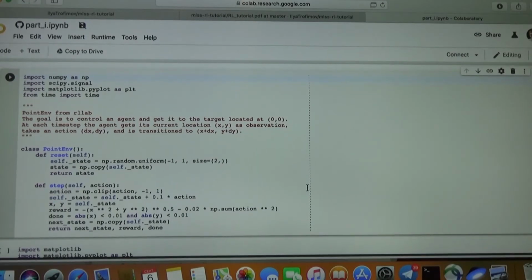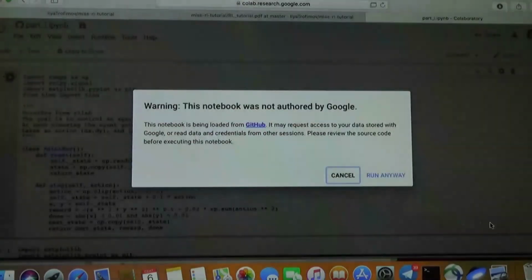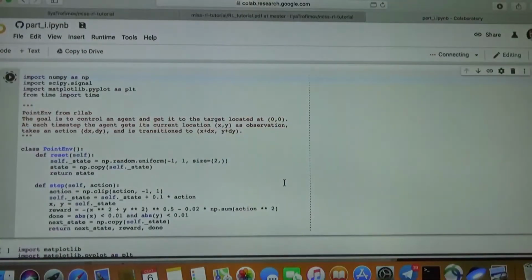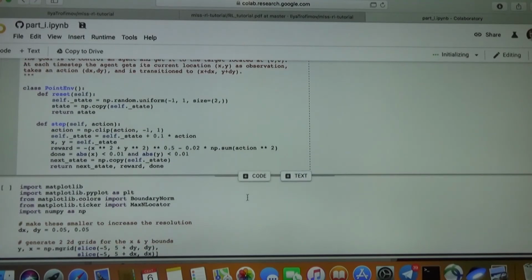This problem, which we will solve with the policy gradient method, is called point-env, and it is a toy problem. It is quite simple. So the situation is the following: we have a point, and the point is randomly placed somewhere in the unit square, and the goal of the agent is to push this point towards the point 0, 0, right? So it is quite simple, and actions are actually movements of this point.